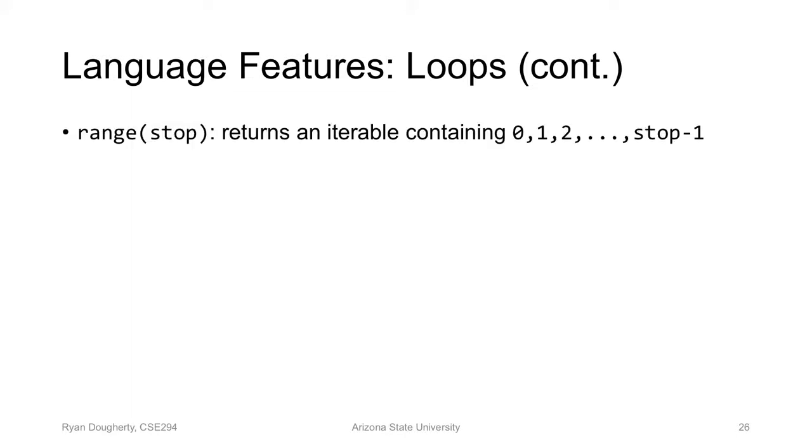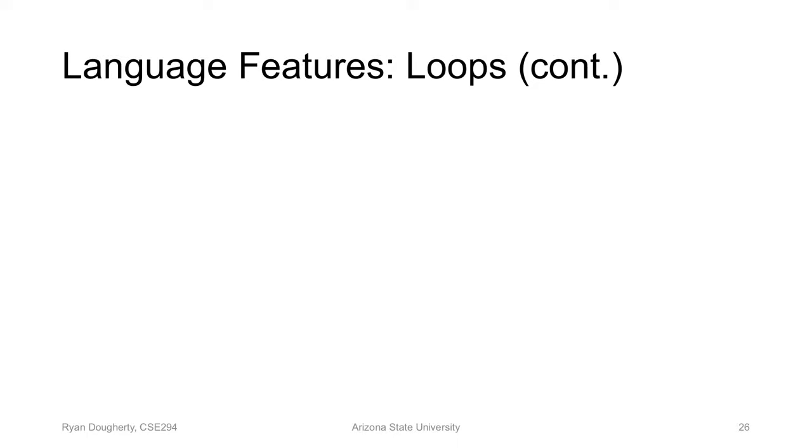So what if we wanted to explicitly tell this for loop how many times to run? We know that for loops have to iterate over some sequence, right? But what if we didn't have a sequence and didn't want to make a list? If we wanted to repeat this particular body 10 times, I don't want to make the list 1, 2, 3, all the way up to 10, and then pass that in, right?